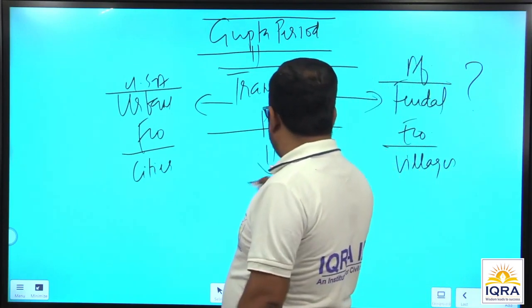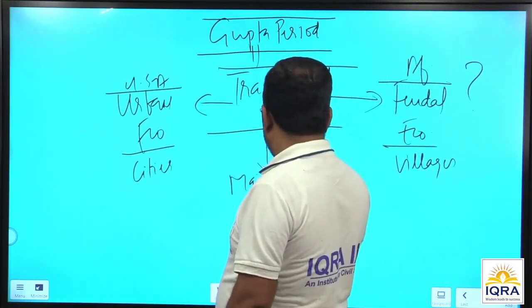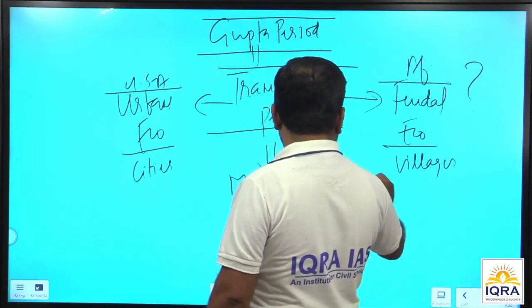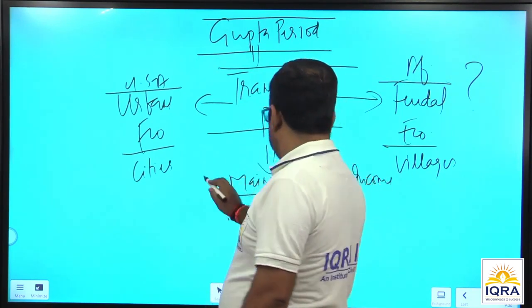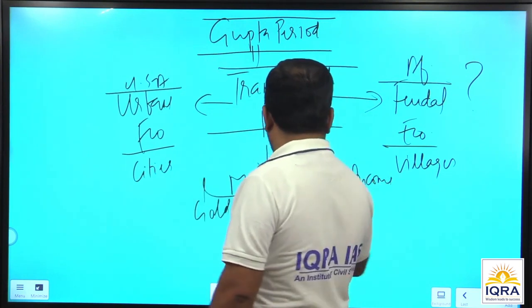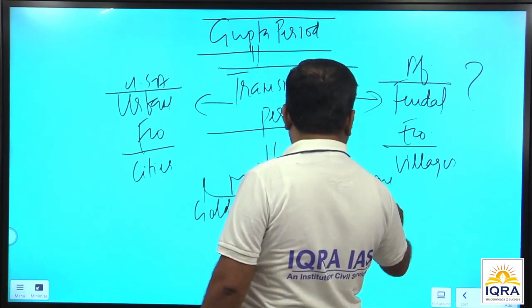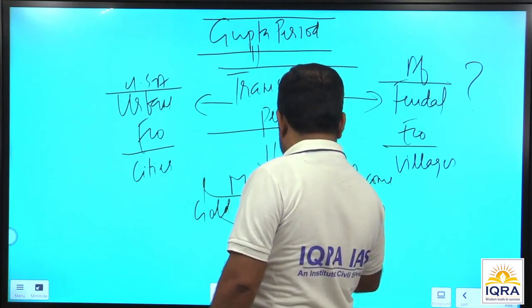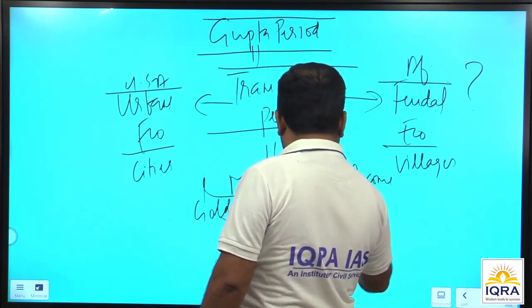The main source of our income of gold and silver was foreign trade. Foreign trade started declining.